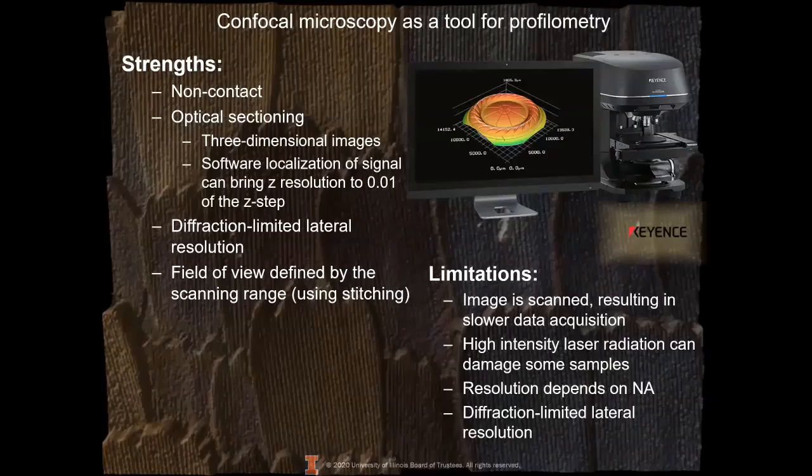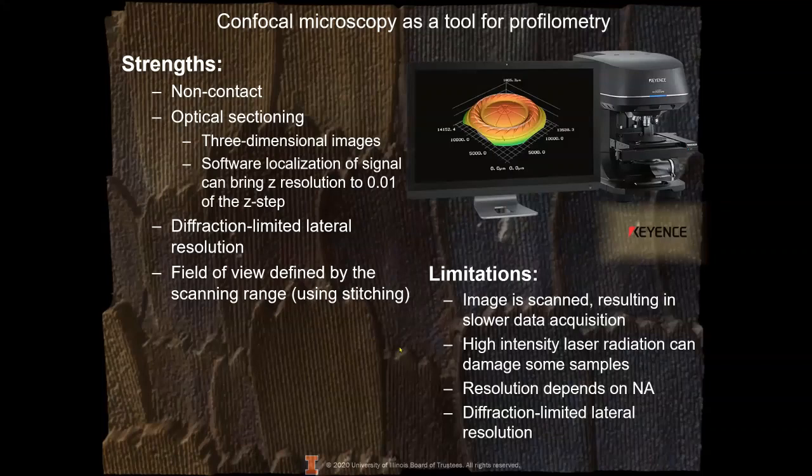So in summary, the main strengths of the confocal optical microscope profiler is that it's non-destructive. It can construct a 3D image from the sample surface, and in some cases interfaces as well, with a respectable resolution, especially in the axial direction, and present a large field of view when you're using image stitching.